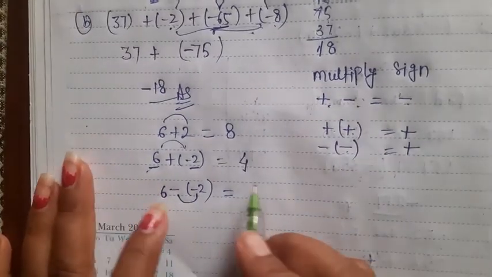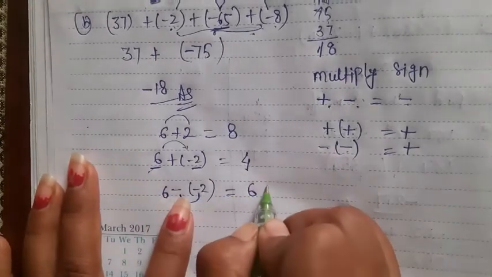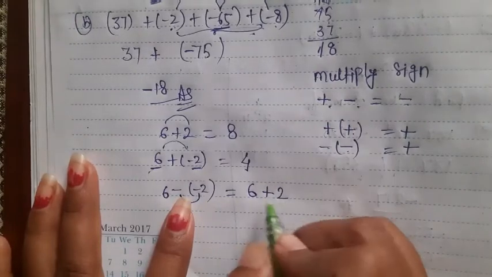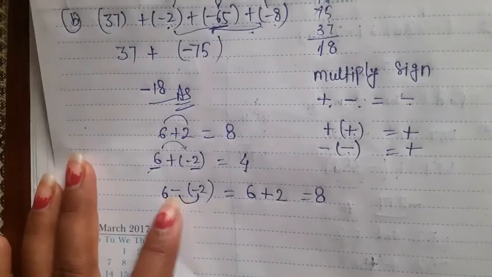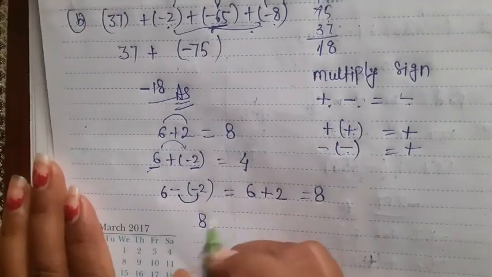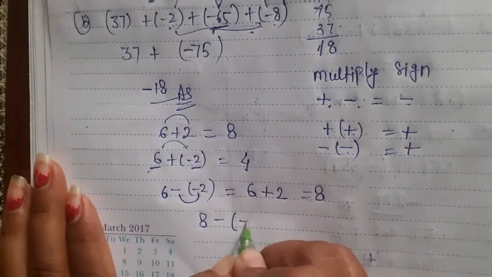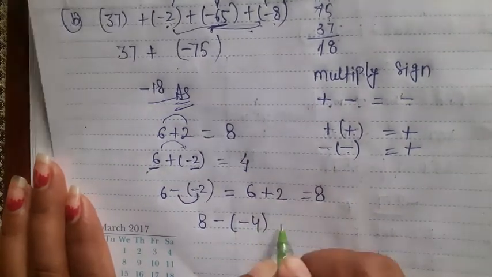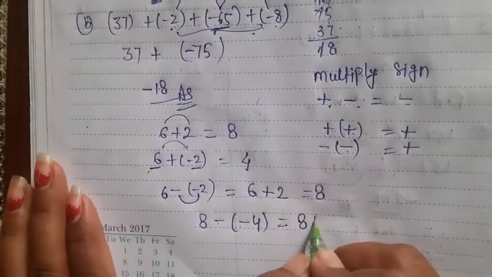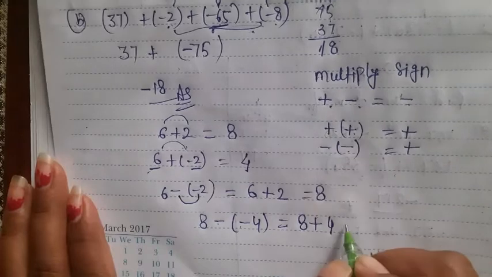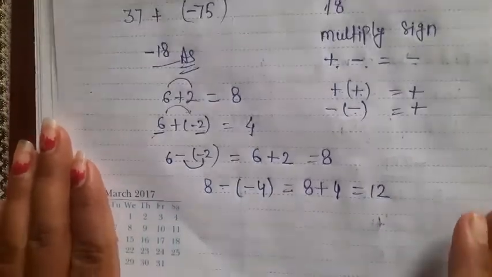Okay, so here we have minus and minus, that means here 6 plus 2, and 6 plus 2 we get 8. If you have 8 and minus of minus 4, okay, so here 8 minus minus is plus 4, okay, so 8 plus 4 we get 12.